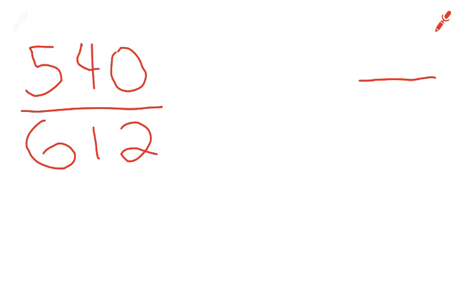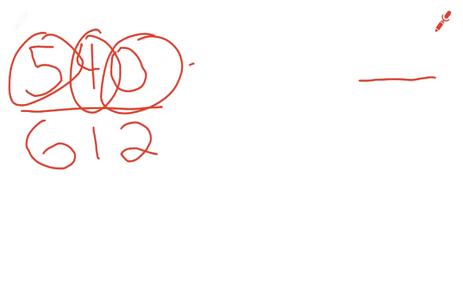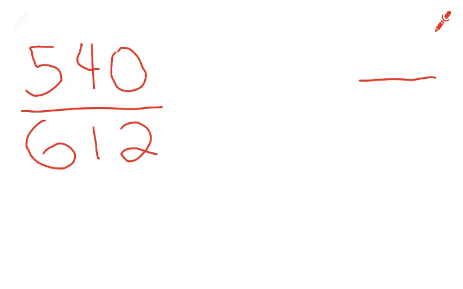The rule for 9 is adding up the sum of the digits, 5 plus 4 plus 0, and then you ask, does 9 go into that? 9 does. 5 plus 4 plus 0 is 9. So we know 9 goes into 540. Then 6 plus 1 plus 2 equals 9, so we know that 9 will go into 612. 9 is the answer for the first blank.